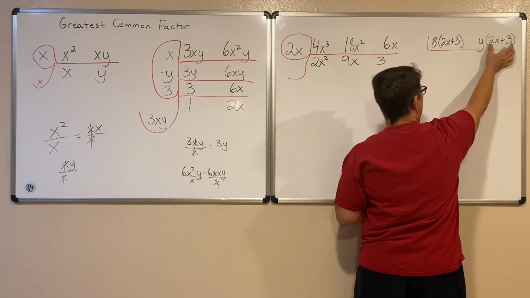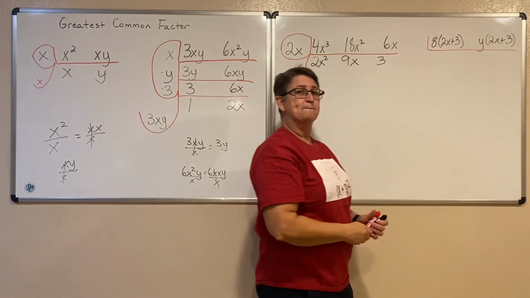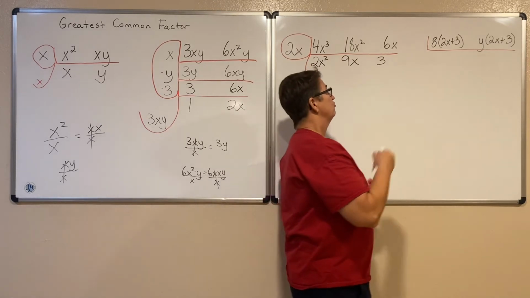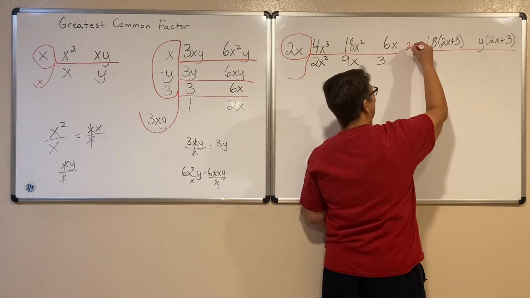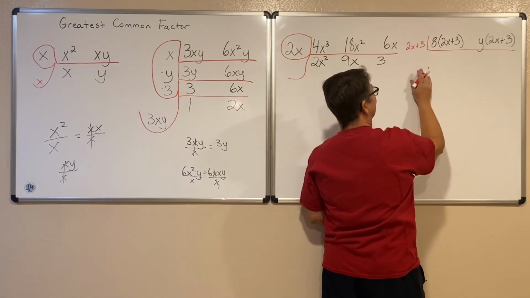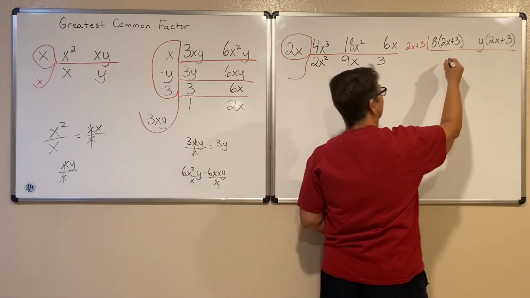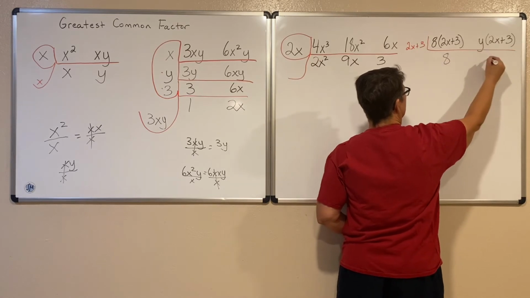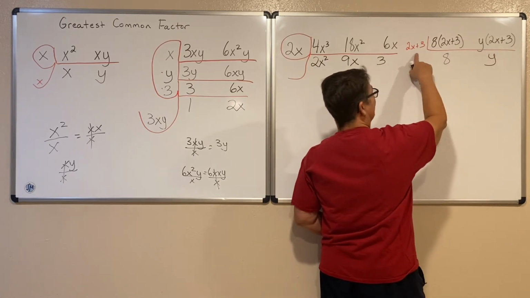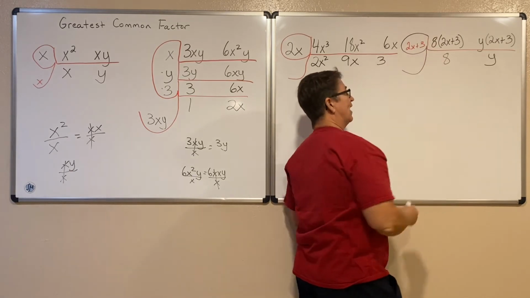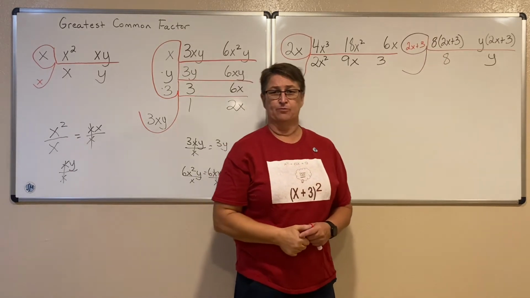This is a factor and that's a factor. They both have 2x plus 3 as a factor. So I'm going to divide by that 2x plus 3. And here it's going to leave me with 8. And there it's going to leave me with y. But my greatest common factor then is that 2x plus 3.